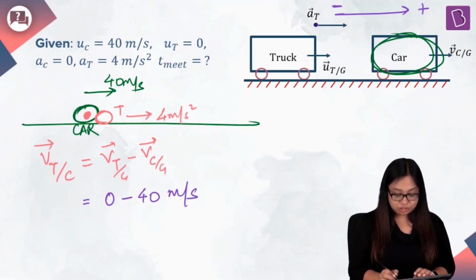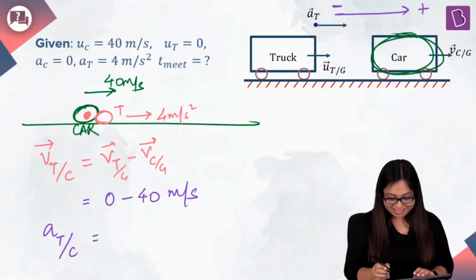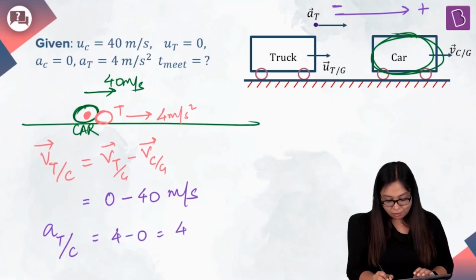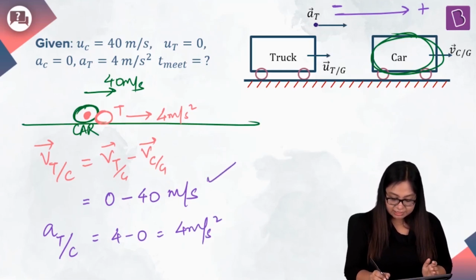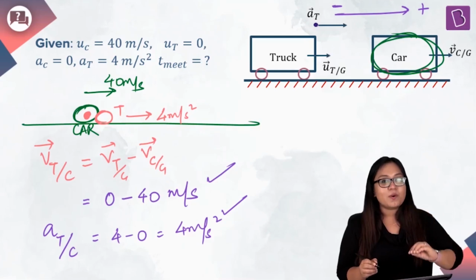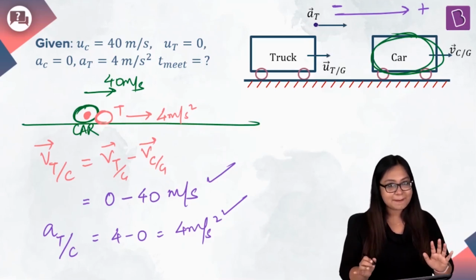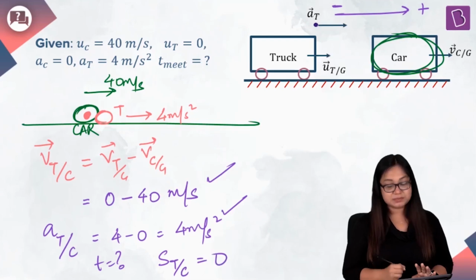What about acceleration? Acceleration of truck with respect to car is equal to acceleration of truck minus acceleration of car, which is 4 minus 0, so 4 meter per second square. This is the relative initial velocity, and this is the relative acceleration. We want the time when relative displacement is 0. So what is the time when S of truck with respect to car becomes 0?